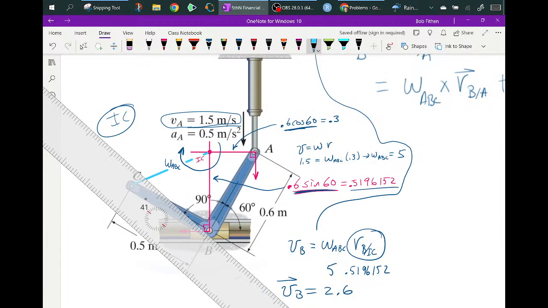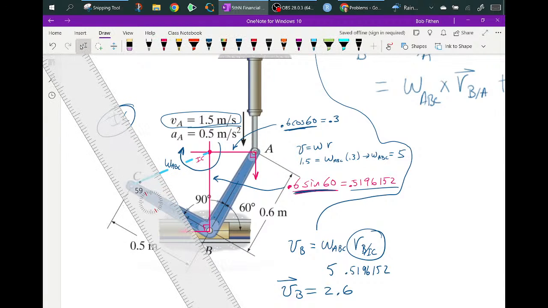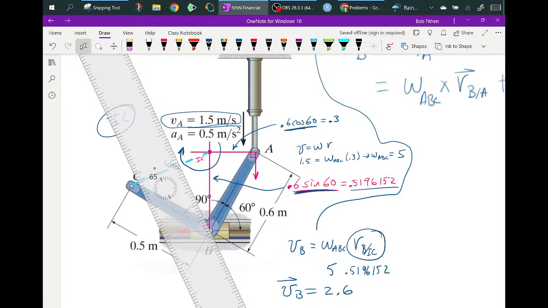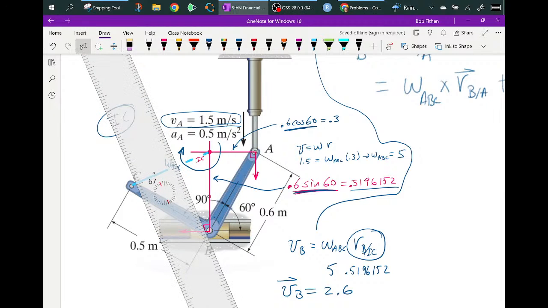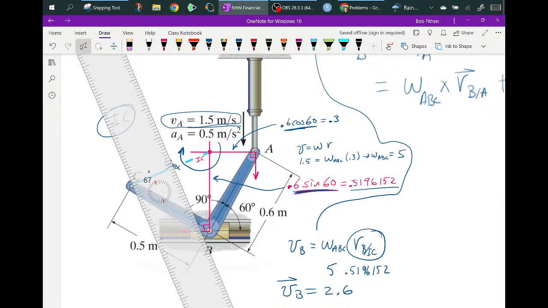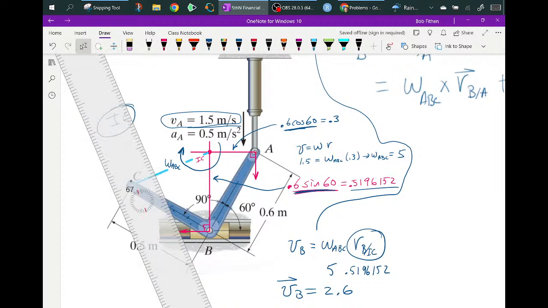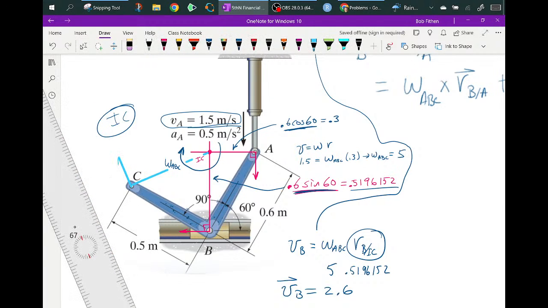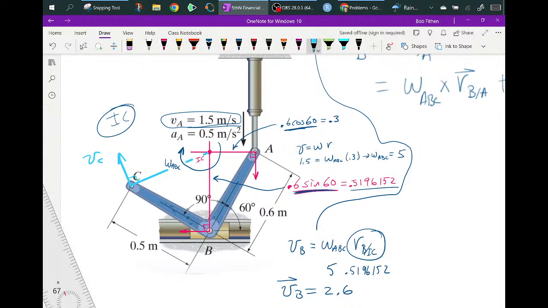And then try to do the best I can about trying to make it perpendicular. This will be the velocity of C.